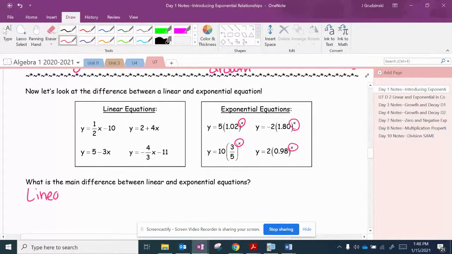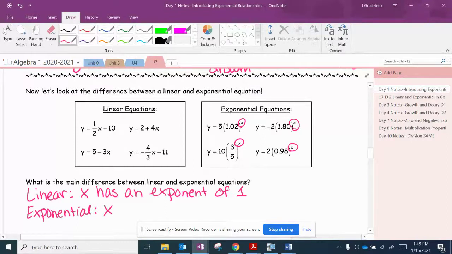So that's an important difference to notice. In linear, x has an exponent of 1. In exponential, x is the exponent.